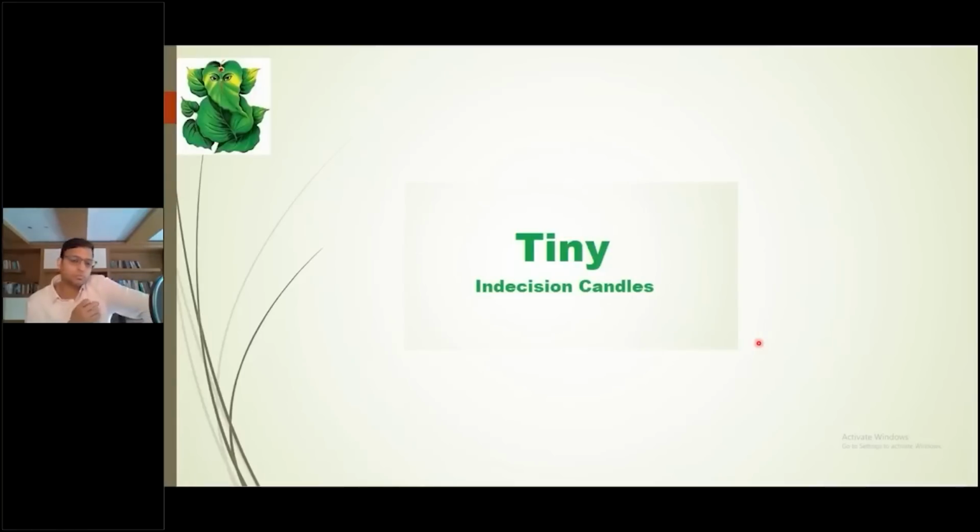These are tiny indecision candles. What happens when indecision turns tiny? It means there is a compression and there is going to be a blast now.